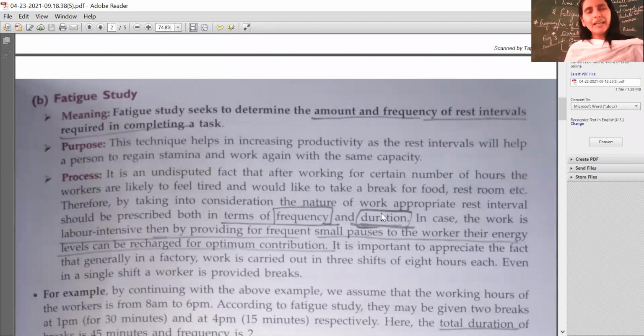Got it? So that is why too much rest interval is not suggested. Very less rest interval is also not suggested. So some standard is to be set. That is what F.W. Taylor said, that some standard time period for rest frequency and duration should be selected and it should be implemented in the organization.